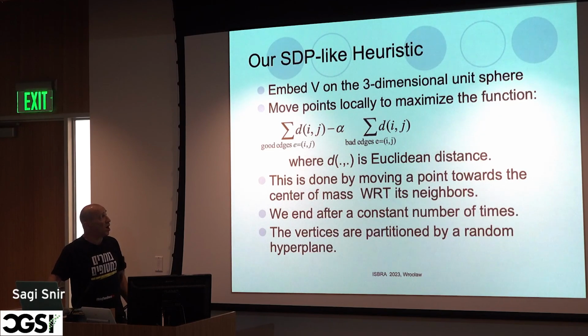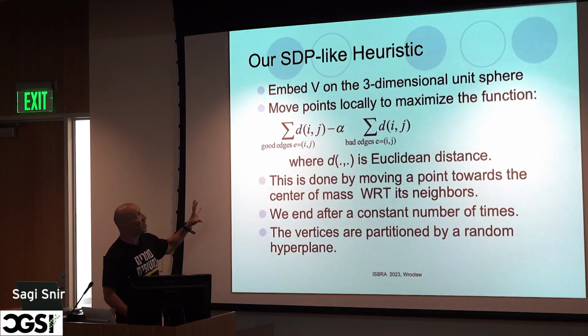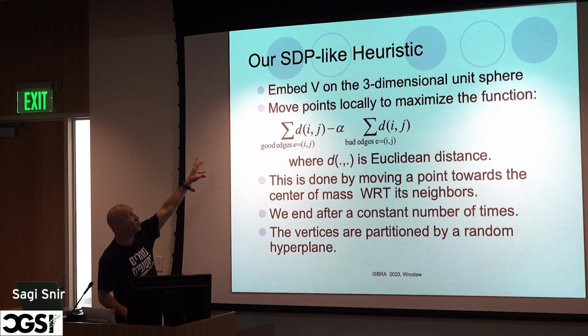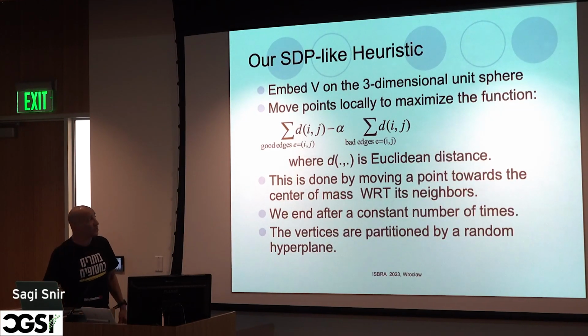Okay, so what we do is give some heuristic to this, and the heuristic is inspired by semi-definite programming. And here I joined my host Satish Rao from Berkeley, and we came up with some semi-definite programming-like heuristic that appeared to be extremely fast and efficient, and implemented the MaxCut idea.